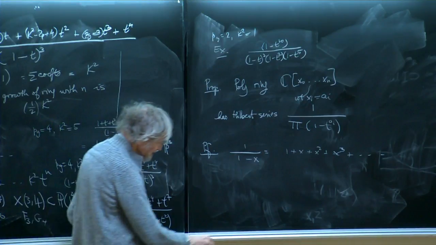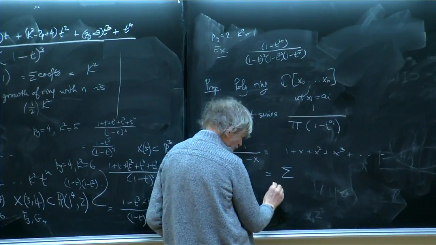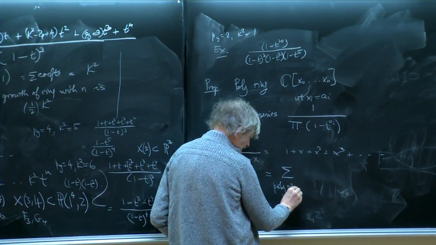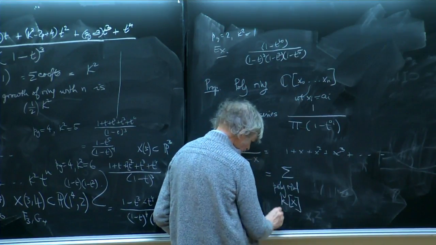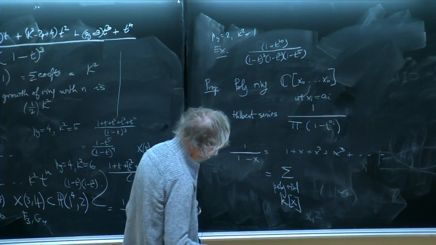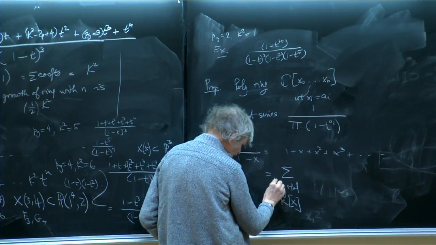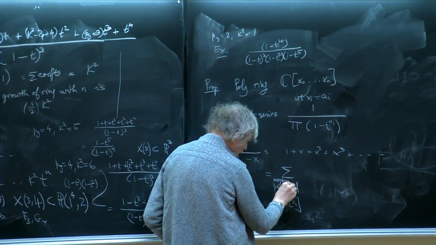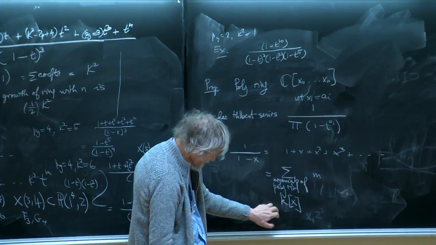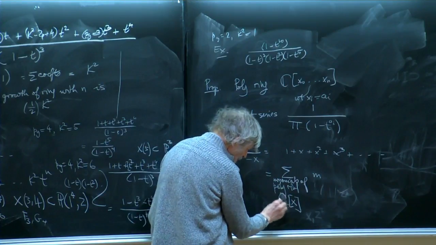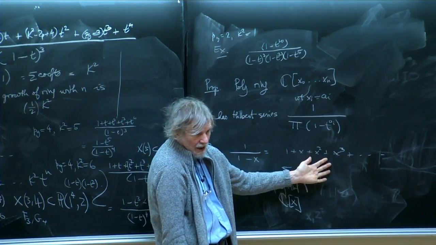And this is the sum over the monomials of the polynomial ring k[x]. So here's the polynomial ring in one variable, and here is just a list of all the monomials in it.